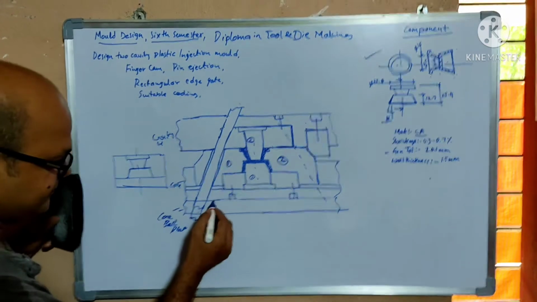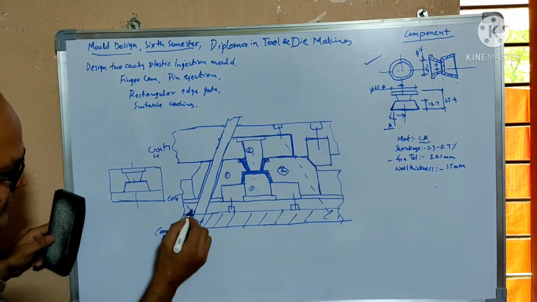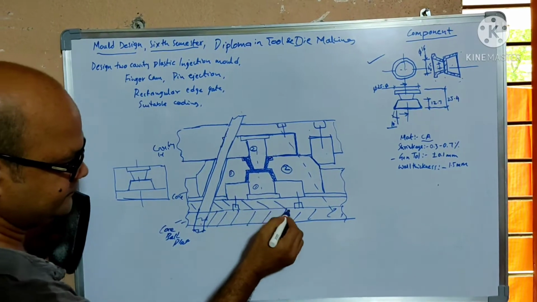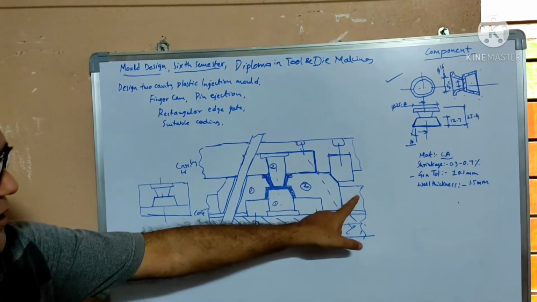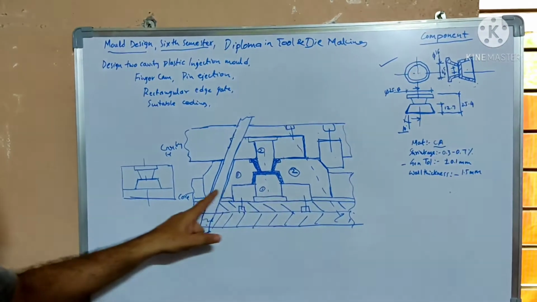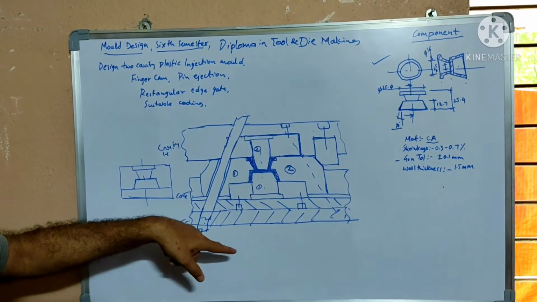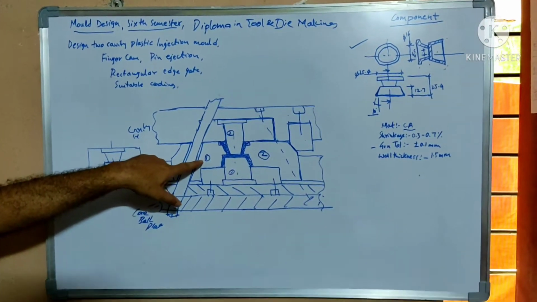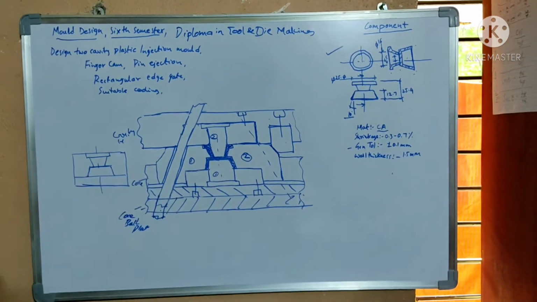Now we are seeing here the hatching: core back plate, core housing, and here these are the two guides which are used to slide the side cores inside and outside from the component.